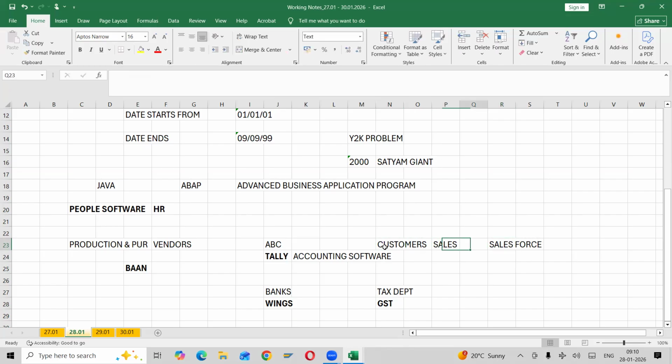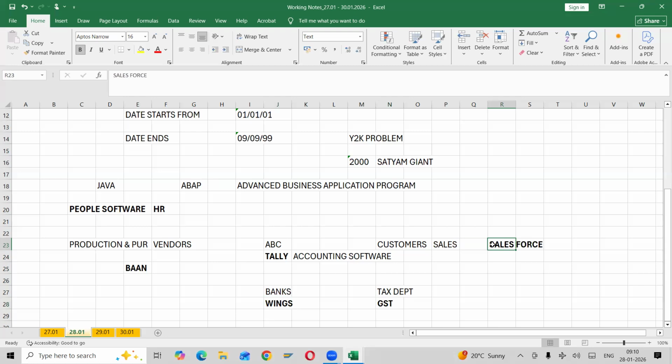These are all different software. Here my vendors are using BAN, a different software. We are using Tally, the banker is using Wings, the tax department is using GST, and they are using Salesforce.